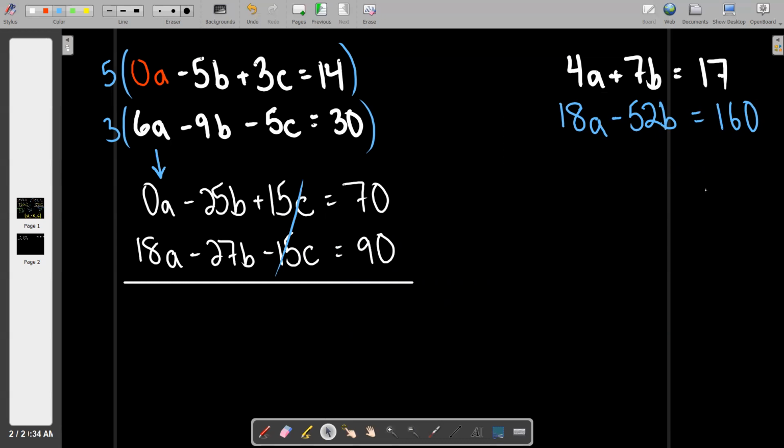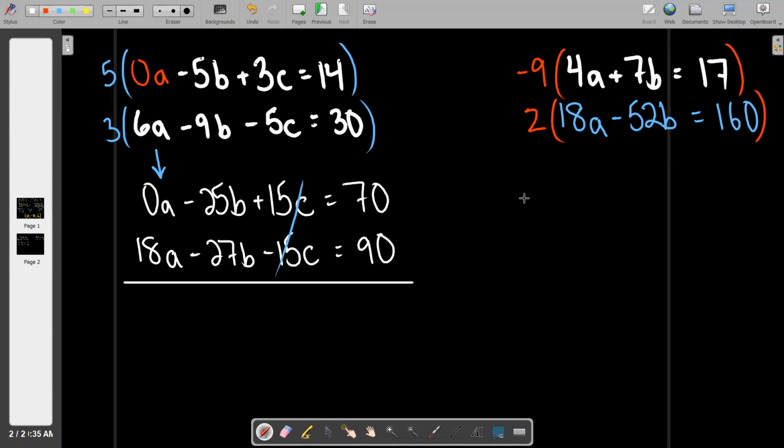So I'm going to go ahead and kill off the A's because I prefer to work with those than the 7 and the 52. I know that those can both be made into 36s. So I'm going to multiply the top one by like -9 and the bottom one by 2. Good.